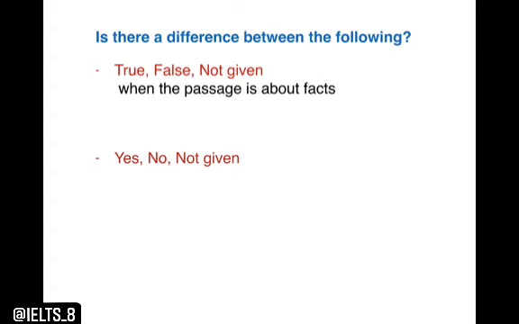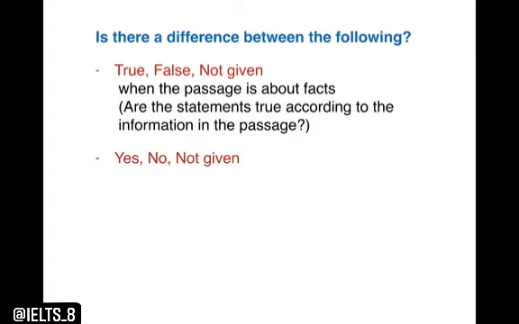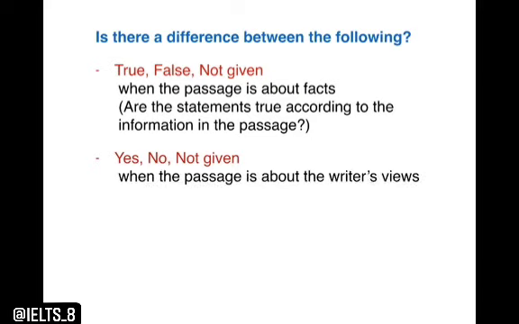So the question will say something like this: are the statements true, false, or not given according to the information in the passage? On the other hand, the exams use yes and no when the passage is about the writer's views or opinions. So it's not about facts this time, it's the writer giving some views.